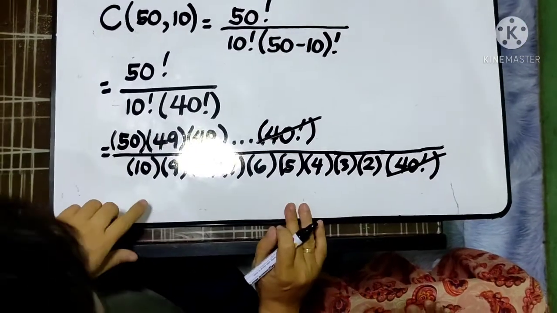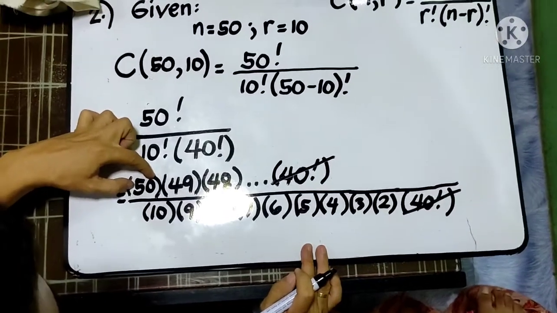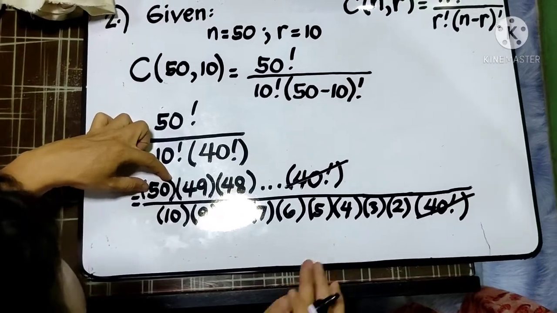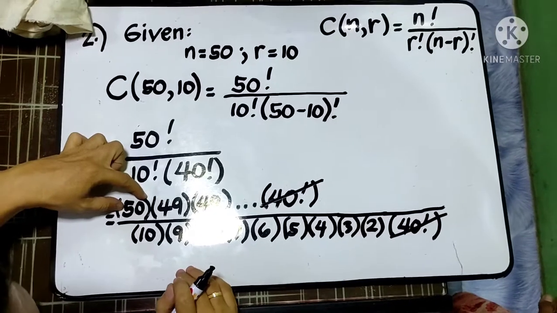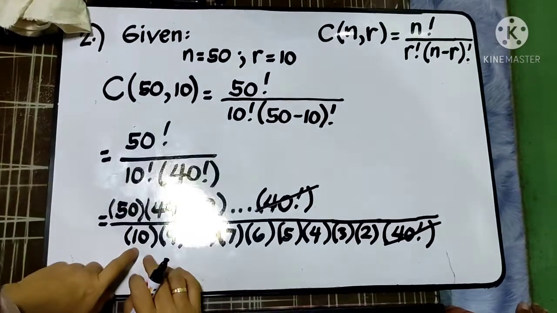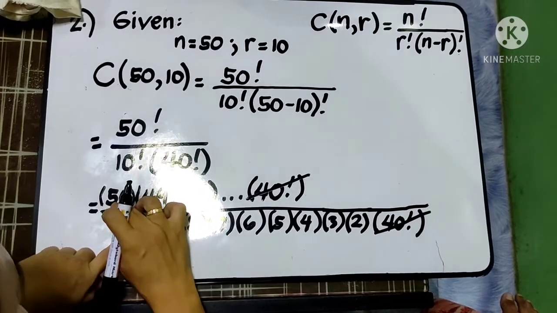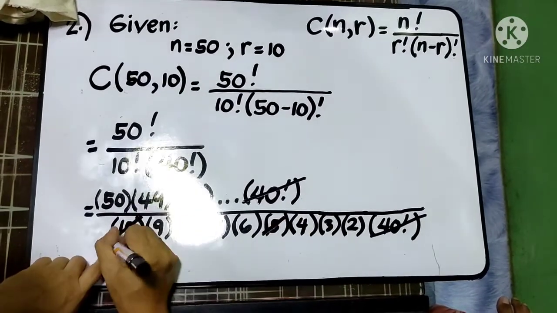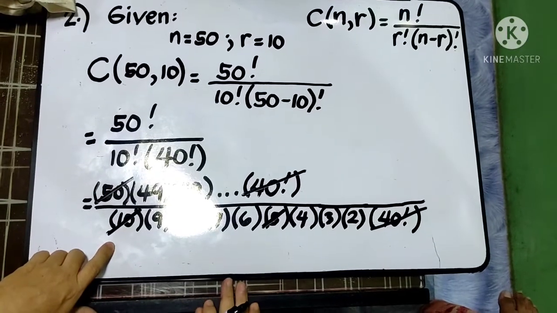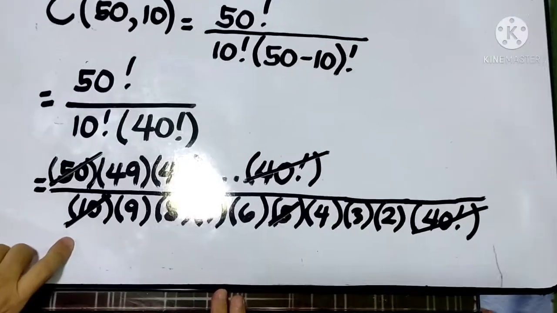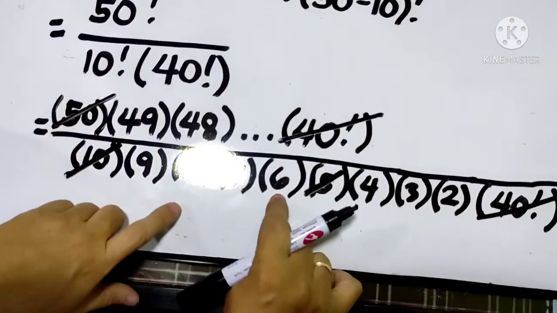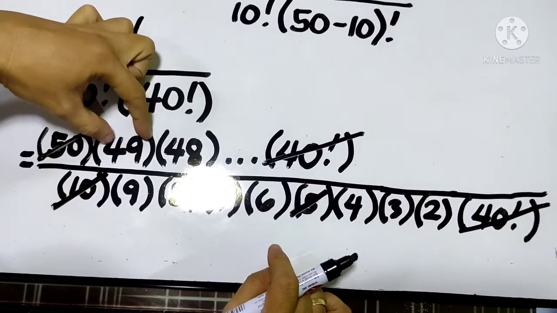Ngayon, meron tayong 50 dito. Maghahanap ka ng factors na if i-multiply mo, magiging 50 dito sa denominator. So, meron tayong 10 and 5. 10 times 5 is 50. So, pwede itong makancel. Cancel din ang 50 sa numerator. Kuha. Then, meron tayong 49.